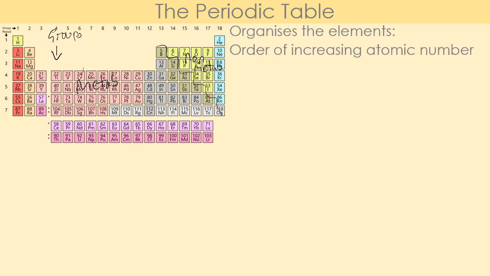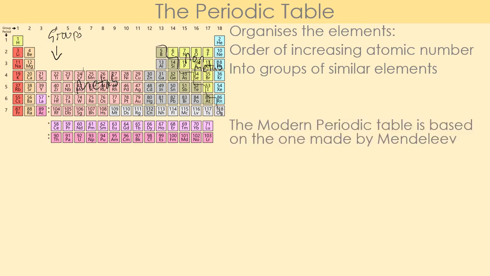We go in order of increasing atomic number, so the number of protons in each atom. We start at 1, and you can see we go all the way up to 118 at the end. It also puts them into groups of similar elements, so elements that behave in similar ways, and we'll have a little look at that in a second.